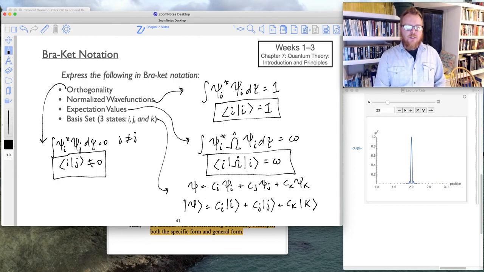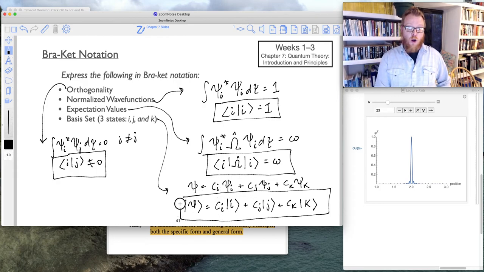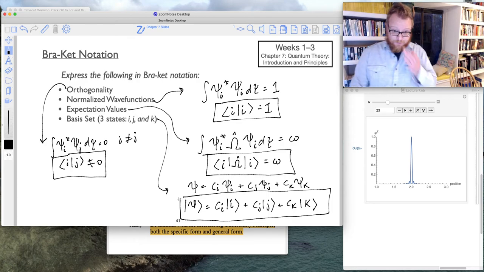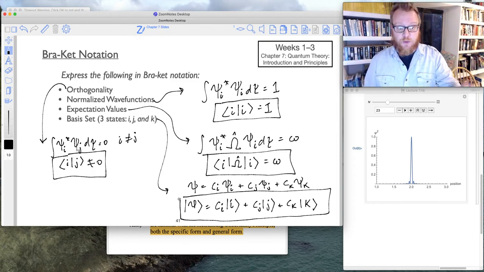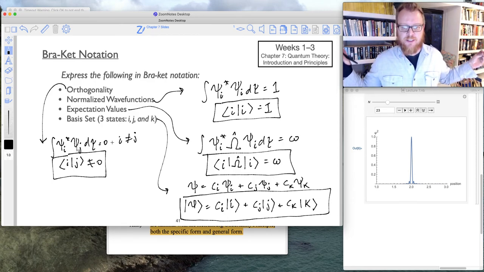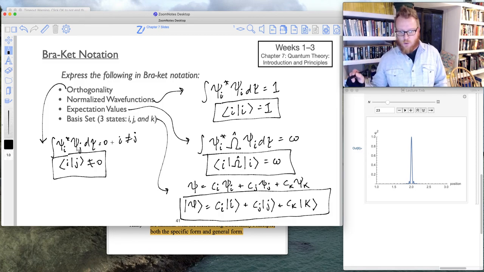As we progress through this class, our wave functions are going to get more complicated. Our mathematical operations, this orthogonality, normalization, expectation values, and we will eventually use a basis set. We're going to have to use basis sets to describe the atomic orbitals. Those equations are going to become humongous, too cumbersome to write out.